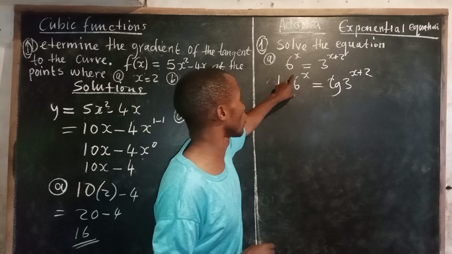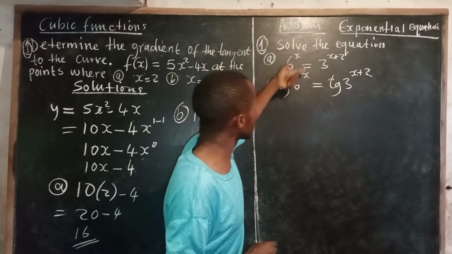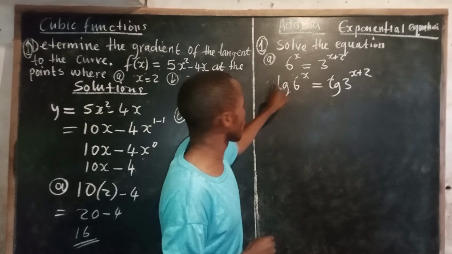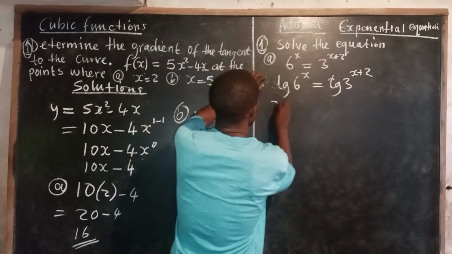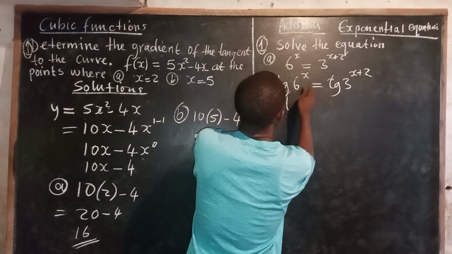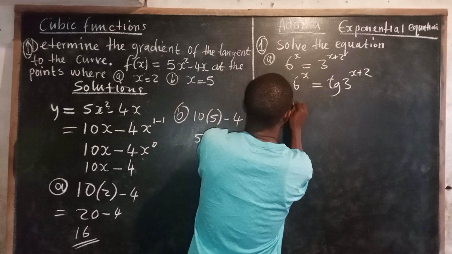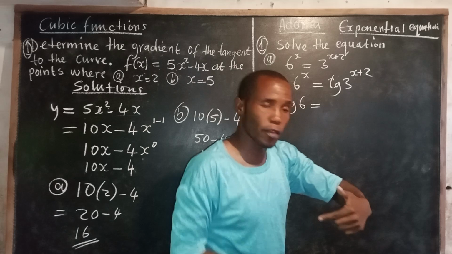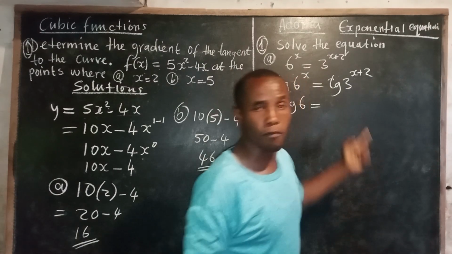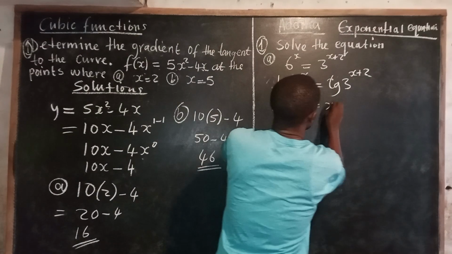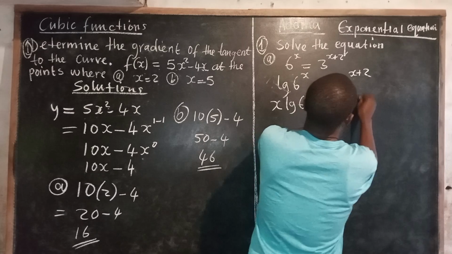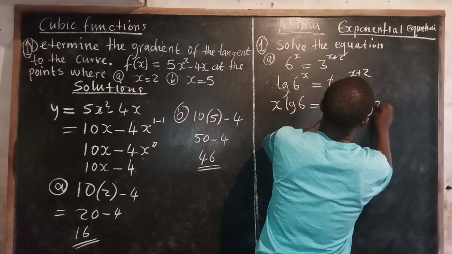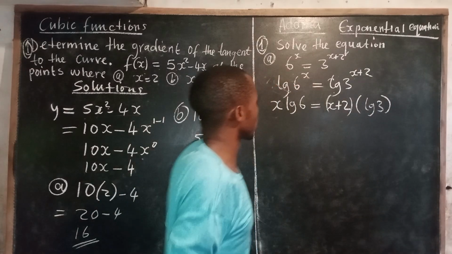The coefficient of log 6 base 10 is 1, so we have x times 1, which is x. Then we do the same here: x plus 2 goes in front of the log, and we open brackets because we have log 3 base 10 inside.